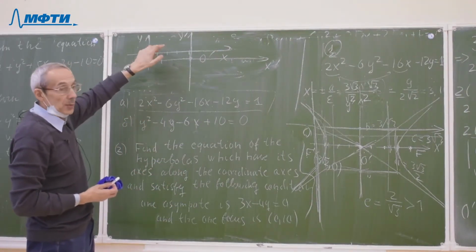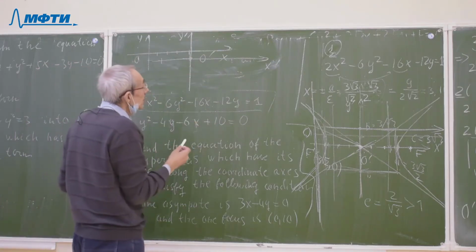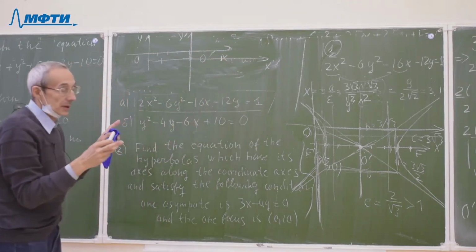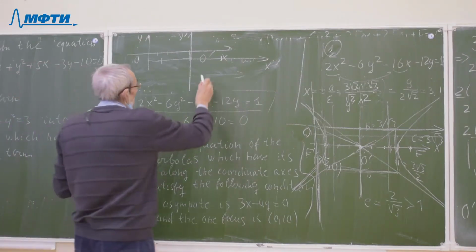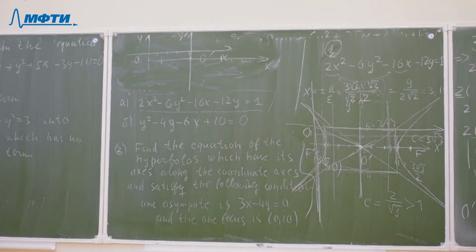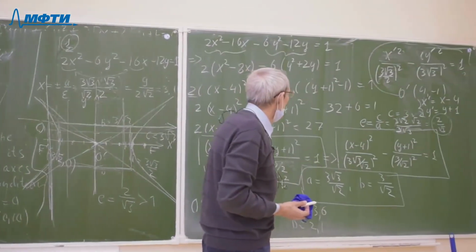Its sides are parallel to the coordinate axes, and the length of one side is equal to A, and the other side is equal to B. In our picture, A is approximately 3.6, and B exactly is equal to 3 times root 3.